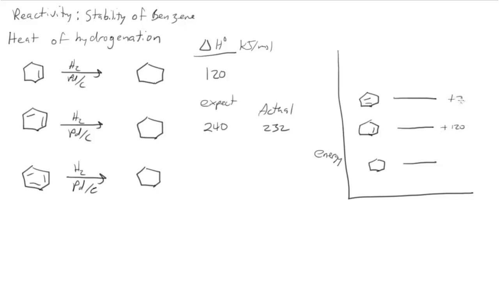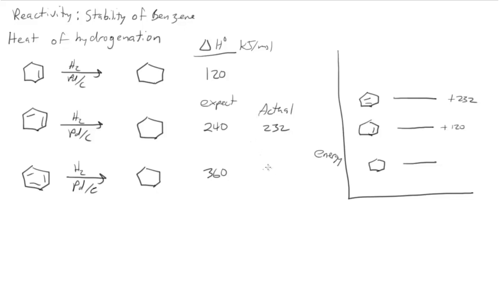This is plus 232. So the question is, where would we expect to see benzene? And the place you'd expect to see it then would be about 360. So if one double bond is 120, two double bonds is 240, three double bonds should be 360. We might guess that's a little bit lower in actuality because there's some resonance delocalization, so we might think it's a little bit below 360.